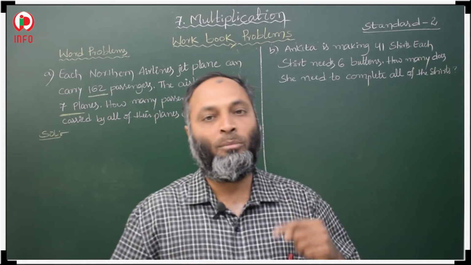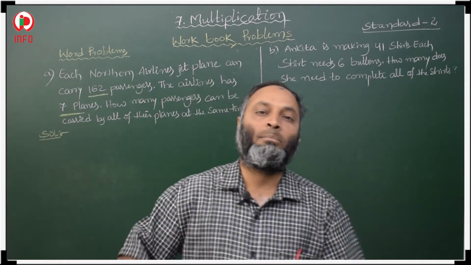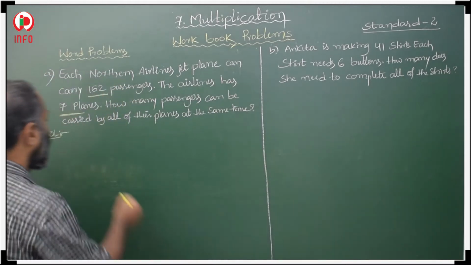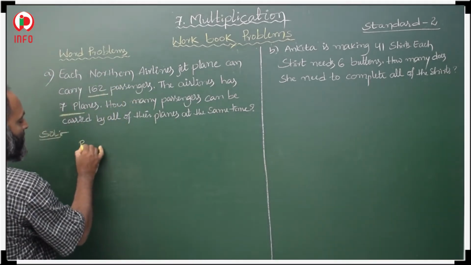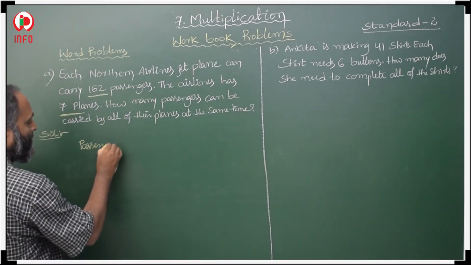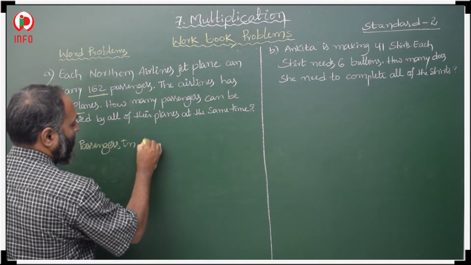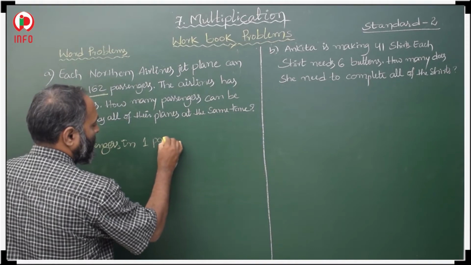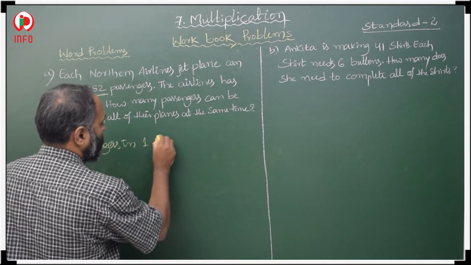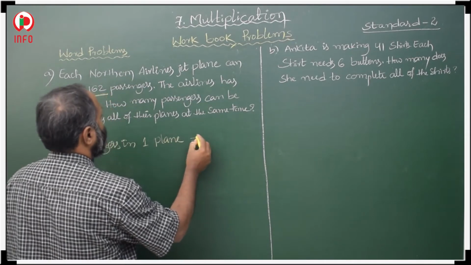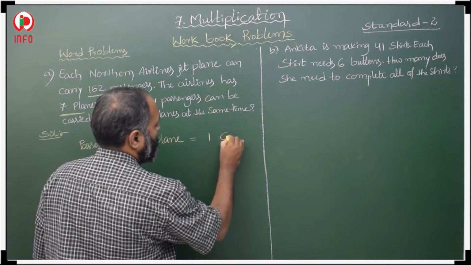If the unit is given and more is being asked, we have to multiply. So here, passengers in one plane: how many passengers? 162 passengers.